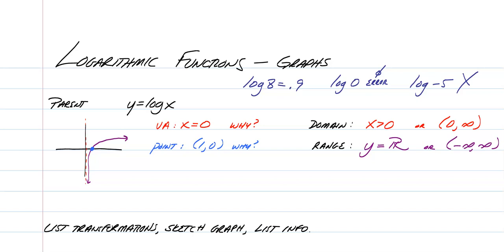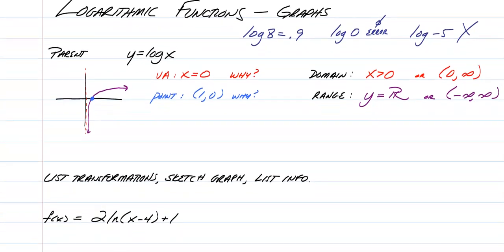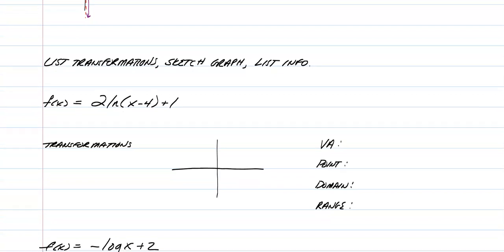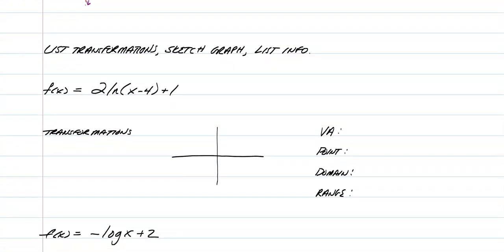Now we're just going to use transformations and the given vertical asymptote and point to figure out what to do next. With transformations, you work inside first. Inside we have x minus 4, so we go right 4. We vertically stretch by 2, and the last thing is up 1.